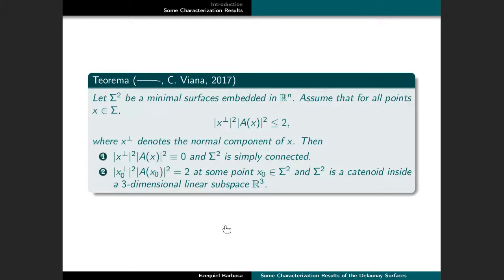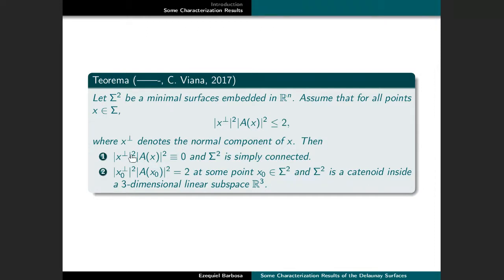look at this result for higher dimension, is it possible to prove this, considering this quadratic decay of the curvature here?